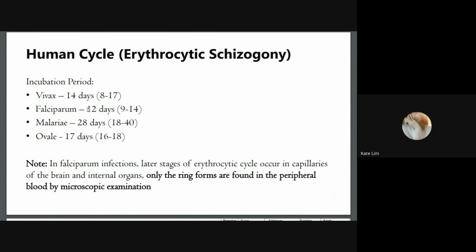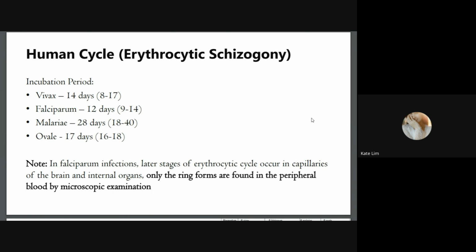This is why when you look at a blood smear under the microscope, you'll only see the ring forms of Plasmodium falciparum in the peripheral blood. The mature forms, which are the trophozoites and the schizonts, are hiding deep inside the organs, which makes it harder to diagnose and more dangerous.